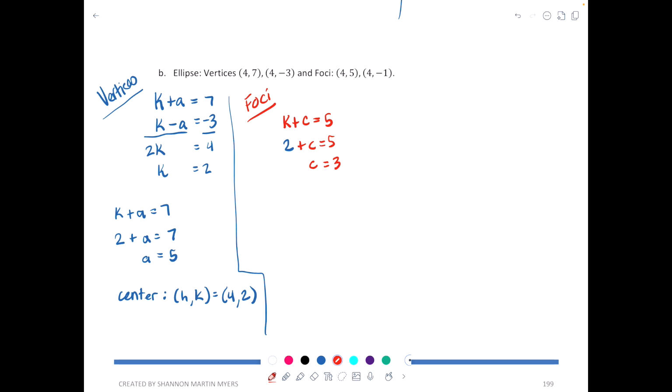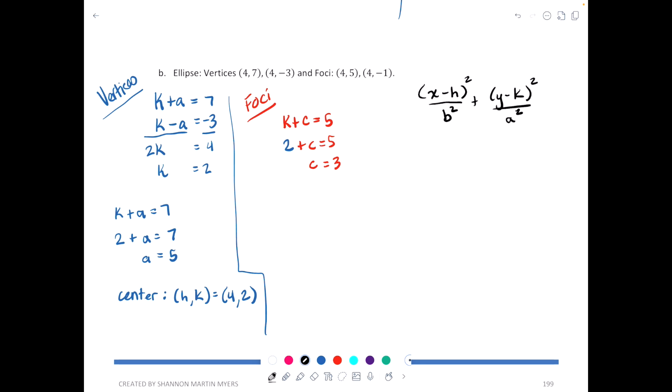Now, what else might we need to know? We need to know b, right? Just as a reminder, the general equation for an ellipse with the major axis vertical is (x - h) quantity squared over b squared plus (y - k) quantity squared over a squared.